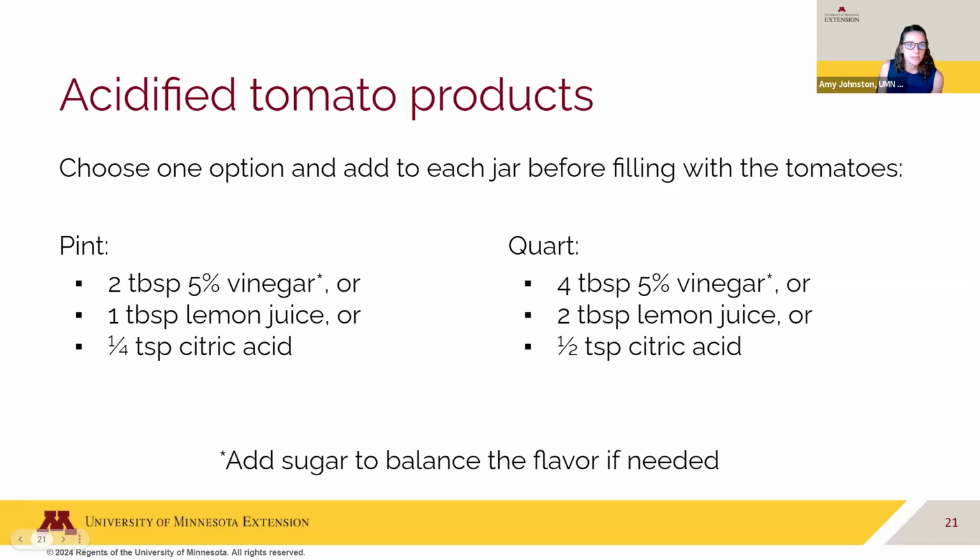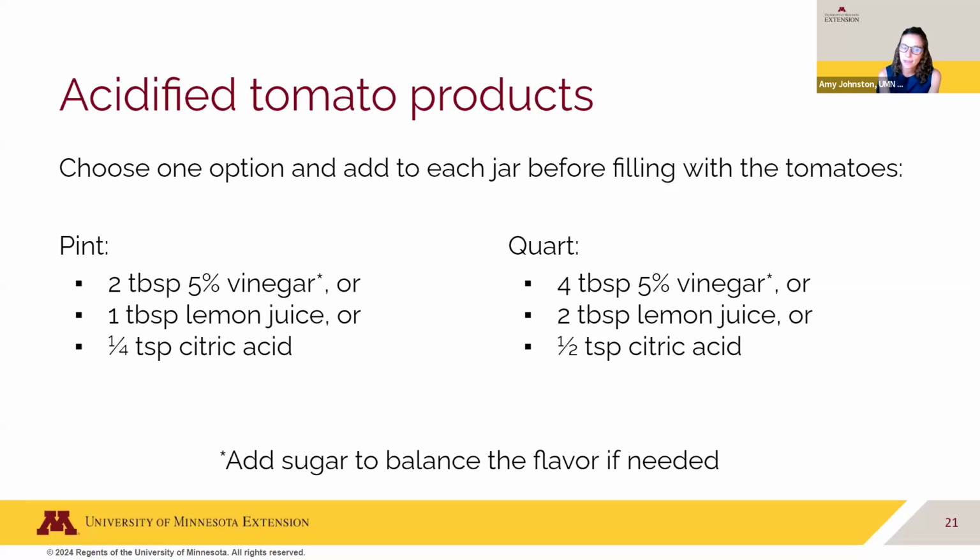Okay, so acidified tomato products. The natural pH of tomatoes can vary from variety to variety, but also within the same type of variety, depending on many factors like the climate it was grown in, the soil type, and when it was harvested. And many varieties are right at that borderline.